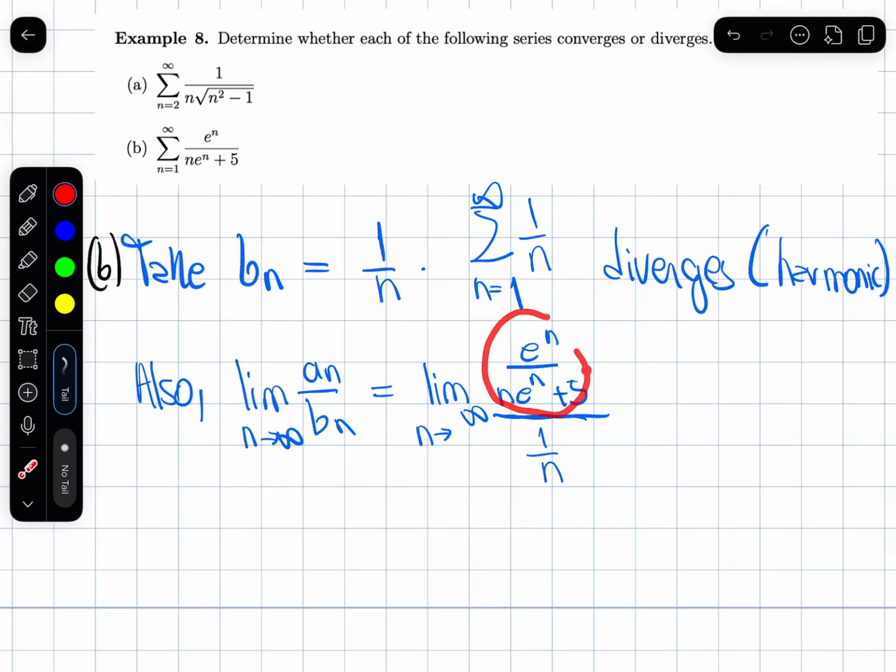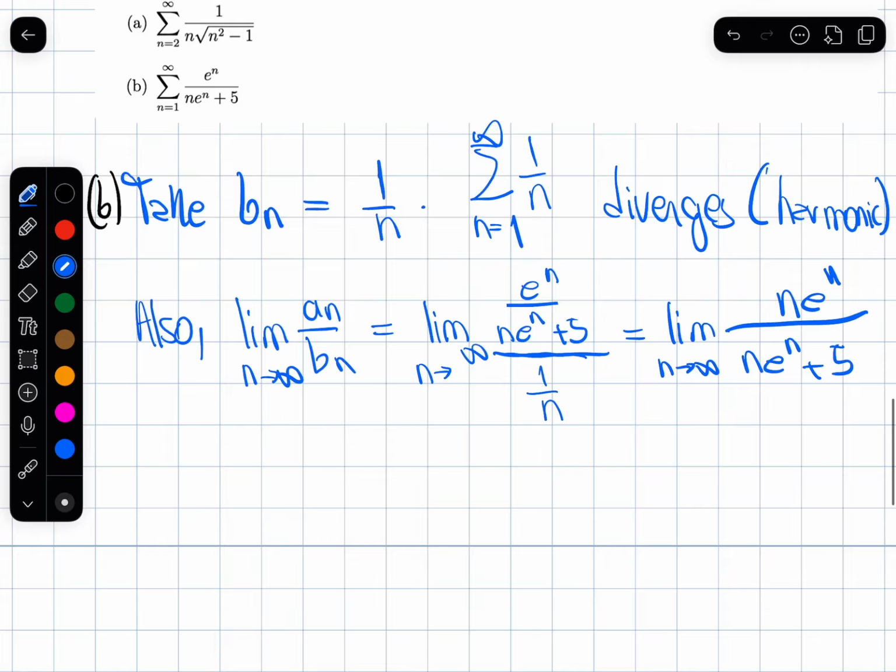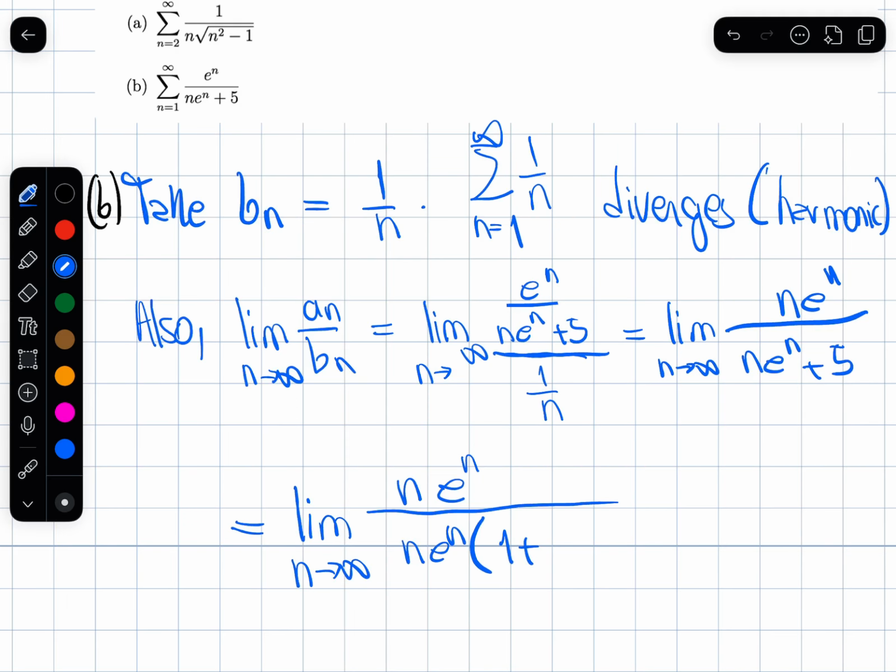So I repeat the first fraction, multiply by the other one upside down. So I'll get, n goes to infinity, n over e to the power n, e to the power n plus 5. I can factor out a whole n e to the power n like this from the bottom, which will give me 1 plus 5 over n e to the power n.